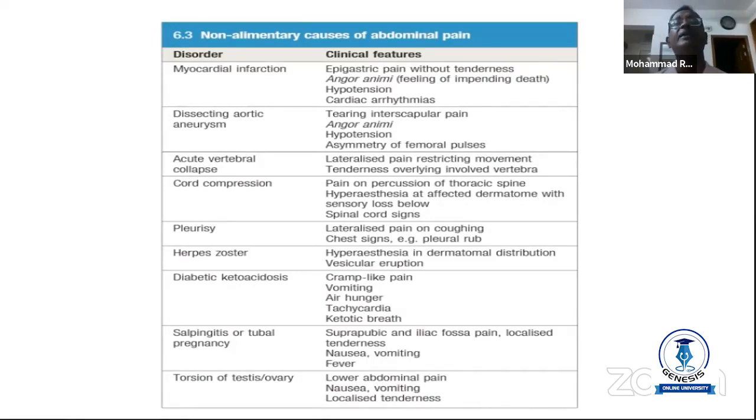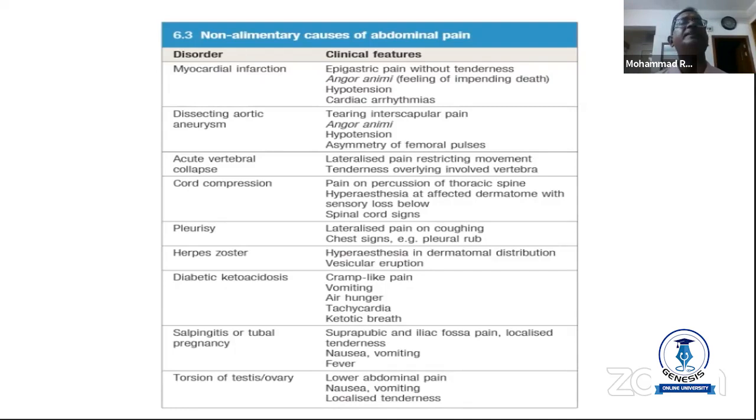Many patients survived and many died due to lingering the case by taking only antacid syrup or omeprazole. So a patient with epigastric pain without tenderness, angor animi, a feeling of impending death, hypotension and cardiac edema. Hypotension usually does not occur in inferior MI cases. Hypotension usually occurs in anterior wall myocardial infarction.